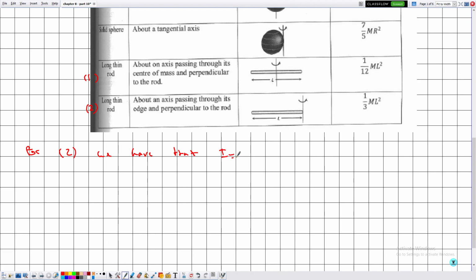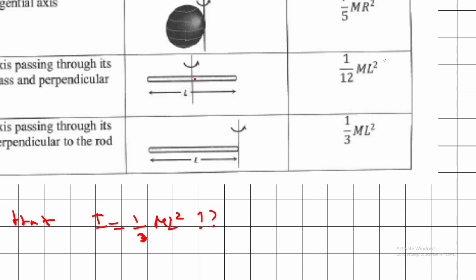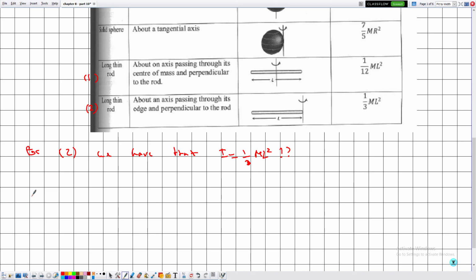I is given by 1/3 ml square, starting from the fact that the moment of inertia of the rod through an axis passing through its center is given by 1/12 ml square. So let me say that this is the point A and this is the point O. So what's separating O and A is L divided by 2.